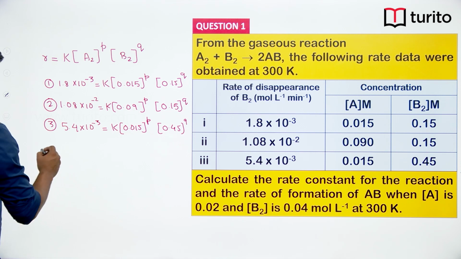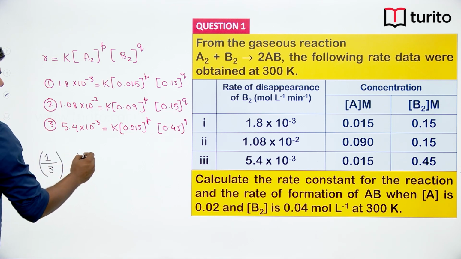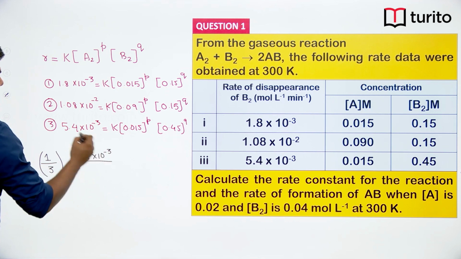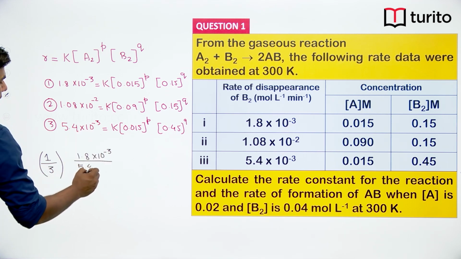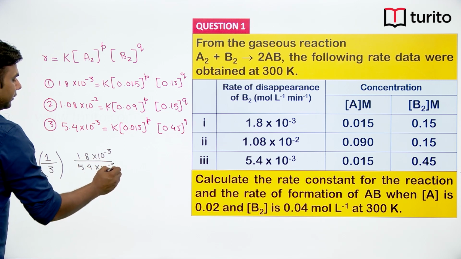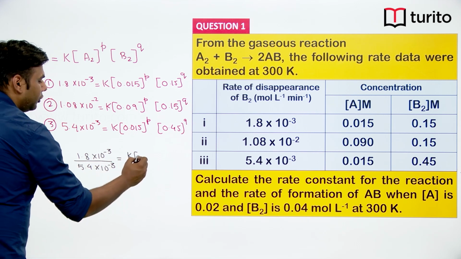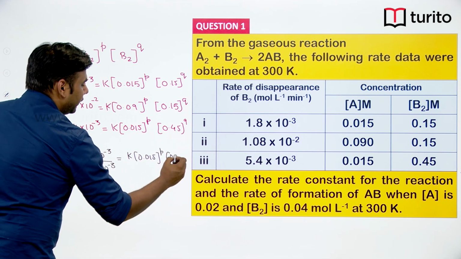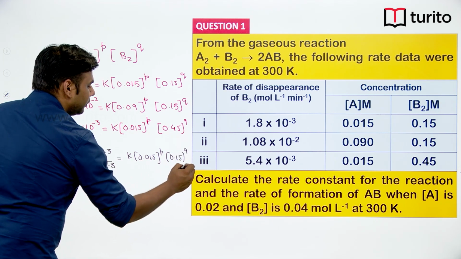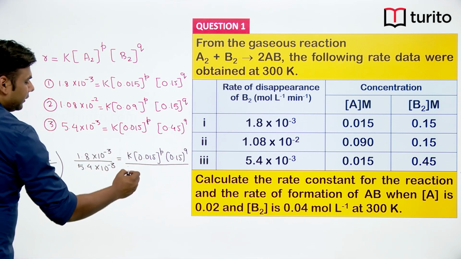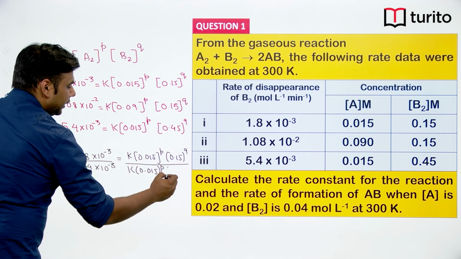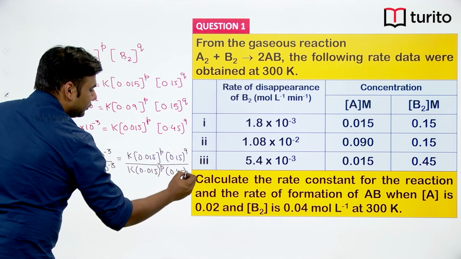So this will be basically 1.8 into 10 raised to minus 3 divided by 5.4 into 10 raised to minus 3 equals to K into 0.015 raised to power P into 0.15 raised to power Q divided by K into 0.015 raised to power P into 0.45 raised to power Q.